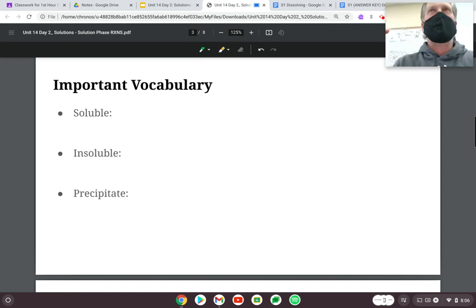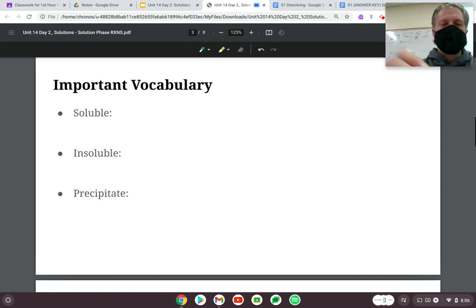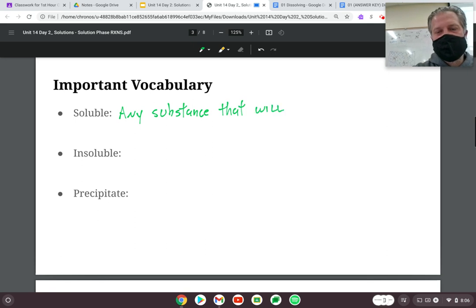Soluble, insoluble, and something called a precipitate. Soluble is any substance that will dissolve, specifically in chemistry, in water.